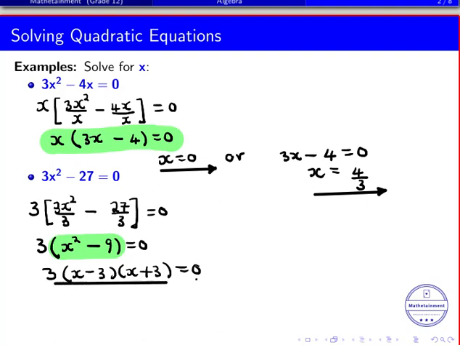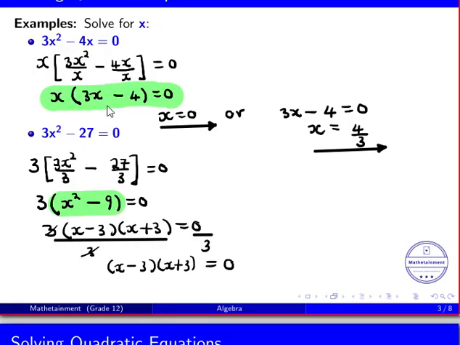If we divide on both sides by 3, 3 gets cancelled on the left, and on the right, we are left with a 0, because 0 divided by 3 is still 0. On the left now, we are left with x minus 3, x plus 3. Now, you see that factorized version there.